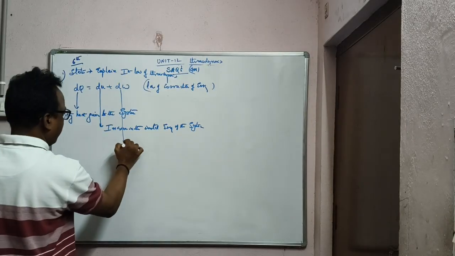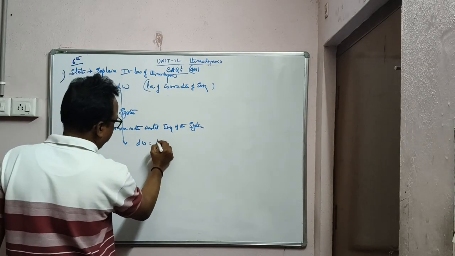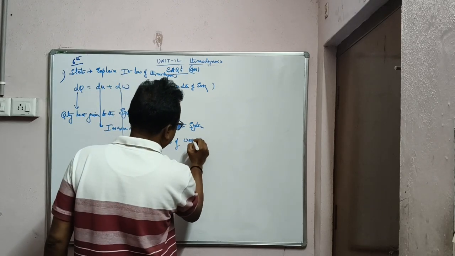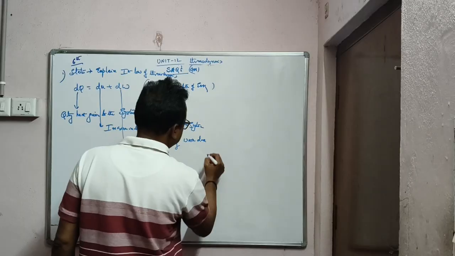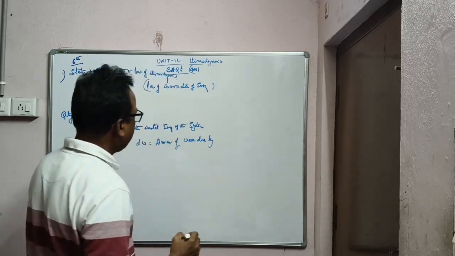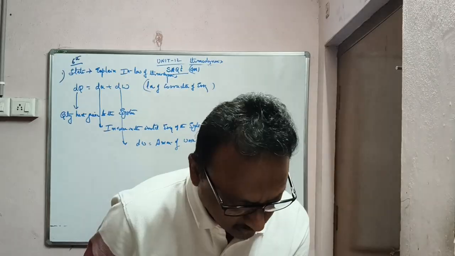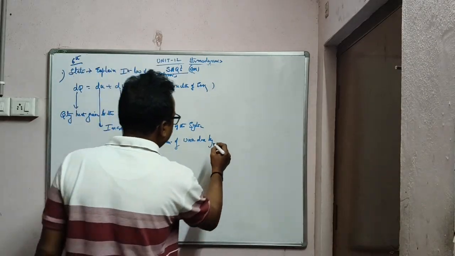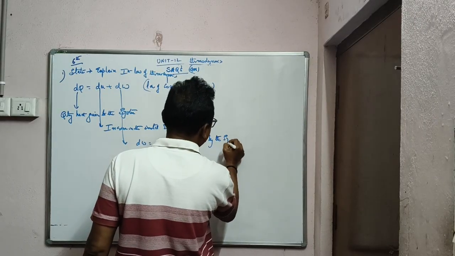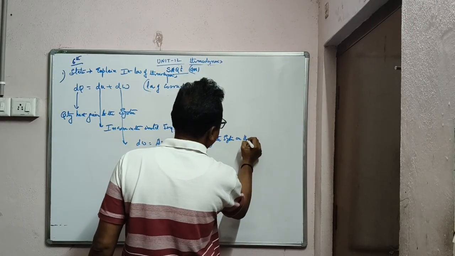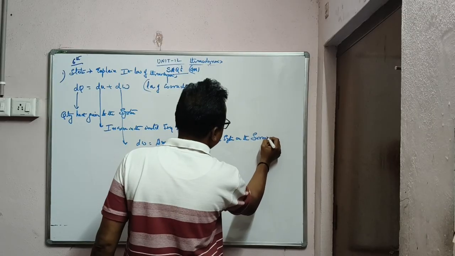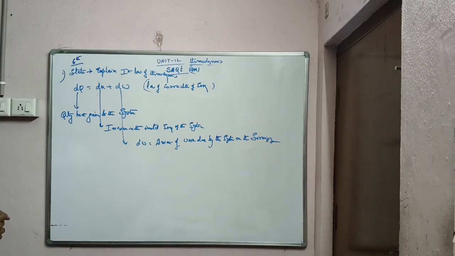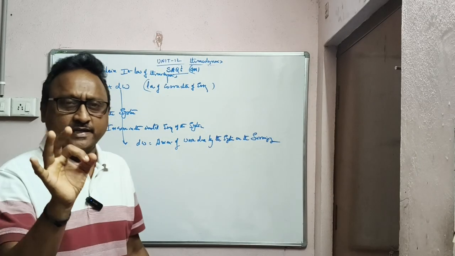And the last one, dW, is the amount of work done by the system on the surroundings. So these are the technical terms in the first law of thermodynamics.